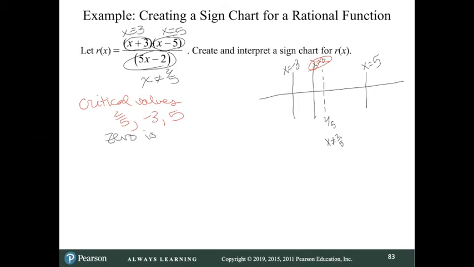X equals 0 is not a critical value. So my critical values, sorry, I'm in the habit of doing this. Our critical values are -3, 2/5, and 5.